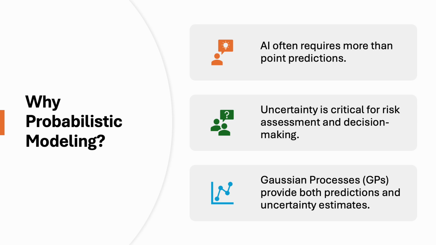So AI often requires more than point predictions. Uncertainty is critical for risk assessment and decision making, as we just looked into with the student example in a university. Gaussian processes provide both predictions and uncertainty estimates.